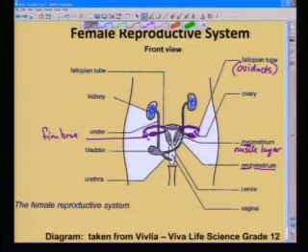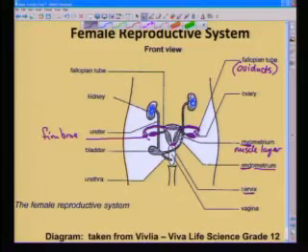Then we have the end of the uterus, where you are going to find the cervix. The cervix is tiny, just a little hole, because all it does is allow the sperm through into the uterus and to the fallopian tubes. And then clearly this section here that's been drawn, let's use green and highlight it.